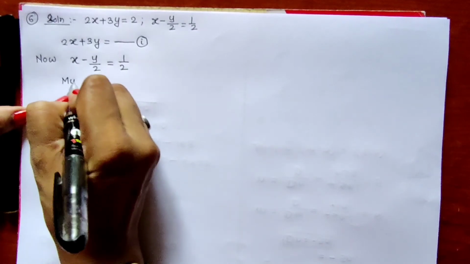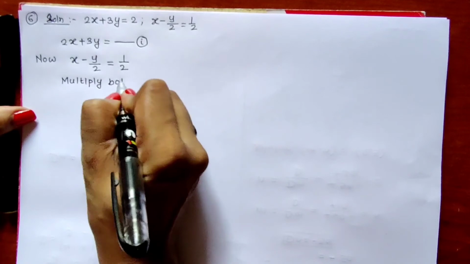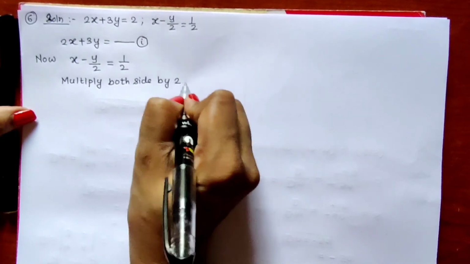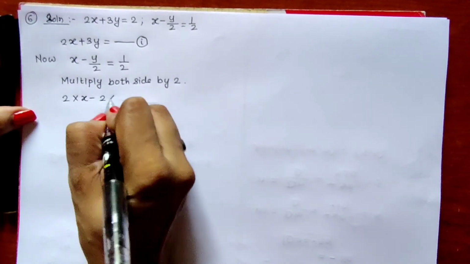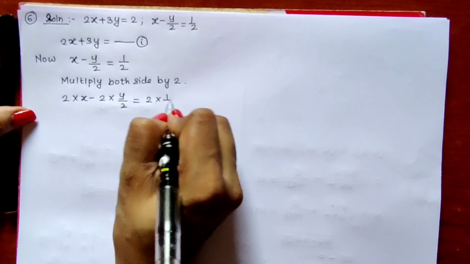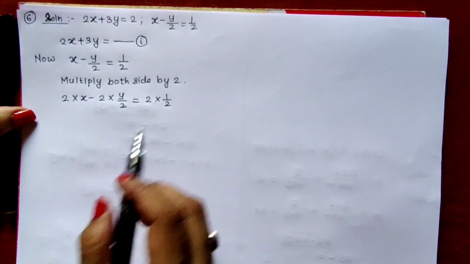Multiply both sides by 2. So, I will be multiplying by 2: 2 into x minus 2 into y upon 2 is equal to 2 into 1 upon 2. So we have multiplied throughout the equation by 2.